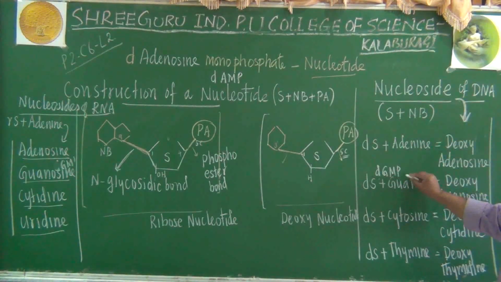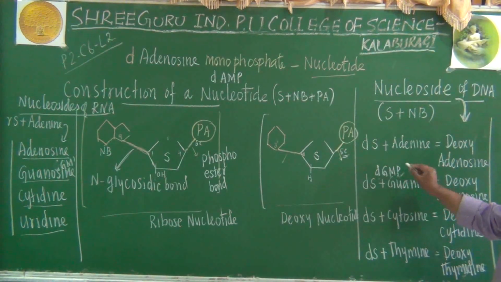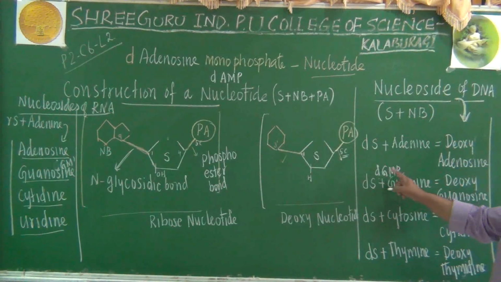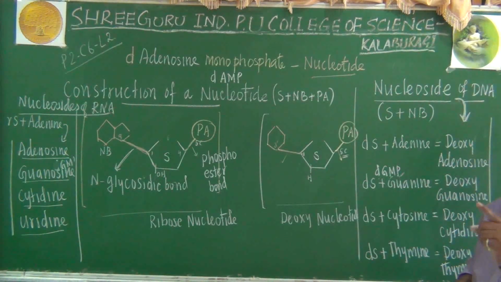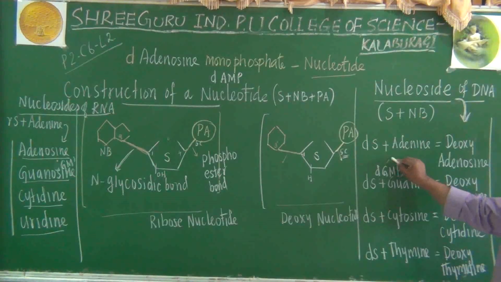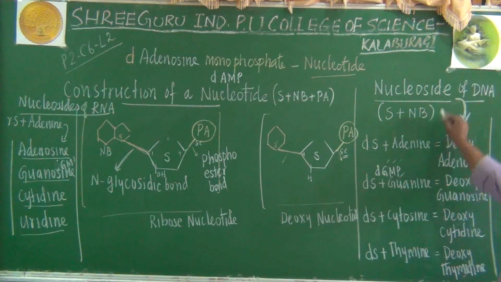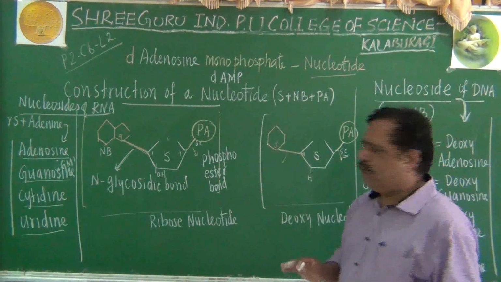It is a nucleotide. When I add the suffix phosphate, it becomes a nucleotide. dGMP means deoxyguanosine monophosphate, not Gulbarga Mahanagar Palike. Okay. It is a guanosine monophosphate, that is a nucleotide, remember.